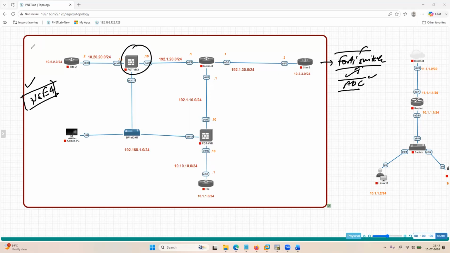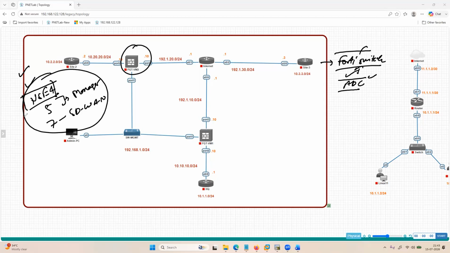This belongs to NSE 4 only, right? NSE 4, 5, and 7. In 7 we cover SD-WAN, and in 5 we cover FortiManager. So only one extra fabric product, which is FortiManager. The rest of the fabric you are not covering.